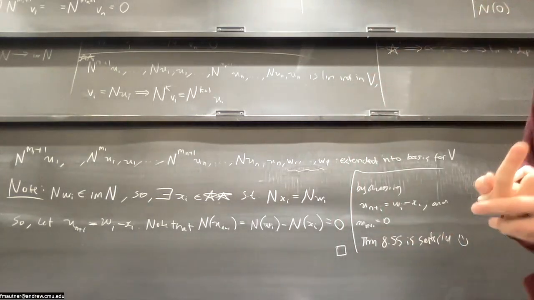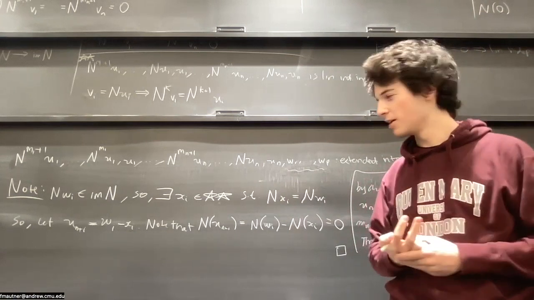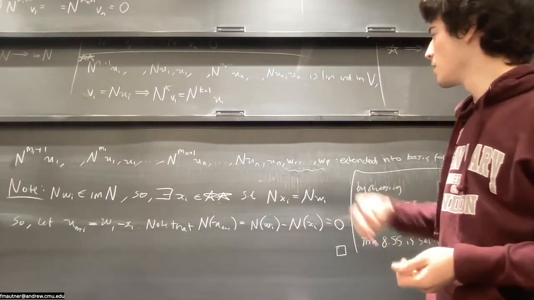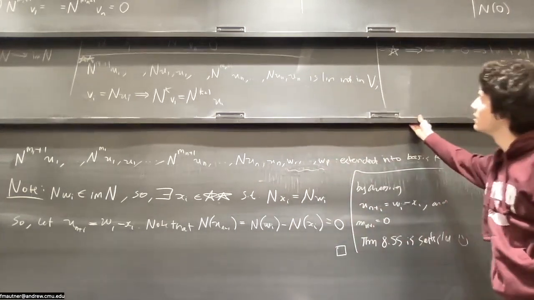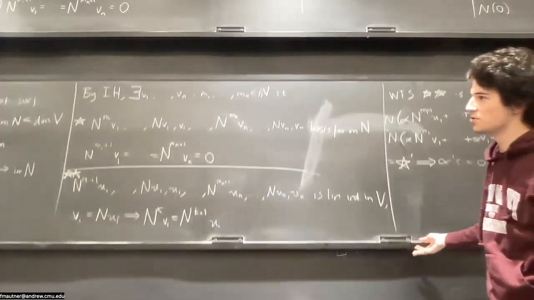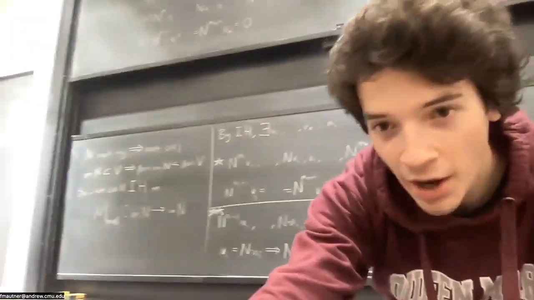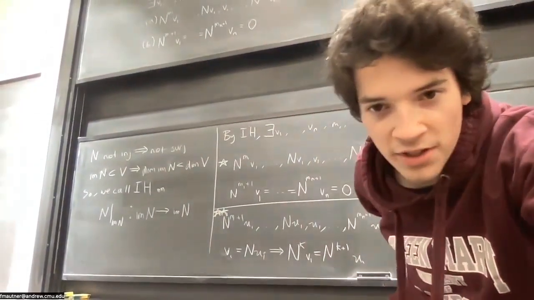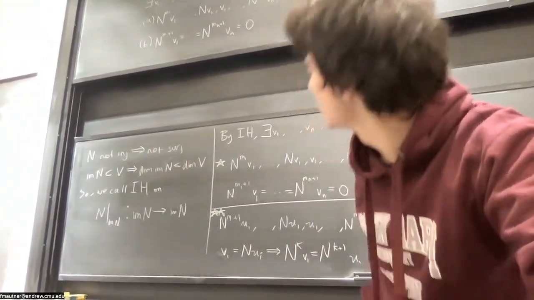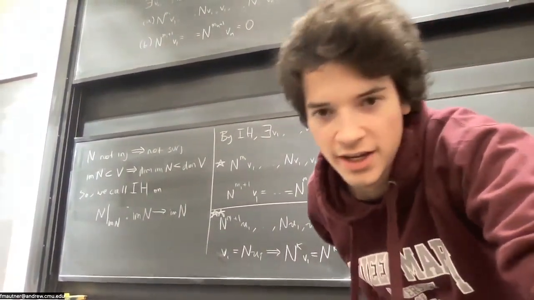Let me just quickly recap what we have, because I felt it might have come off a bit confusing. We start out with the restriction map, just looking at how n behaves on the image of n, because we know that the image has dimension strictly less than the dimension of V, and since we're using an inductive argument, that's what we call the IH.